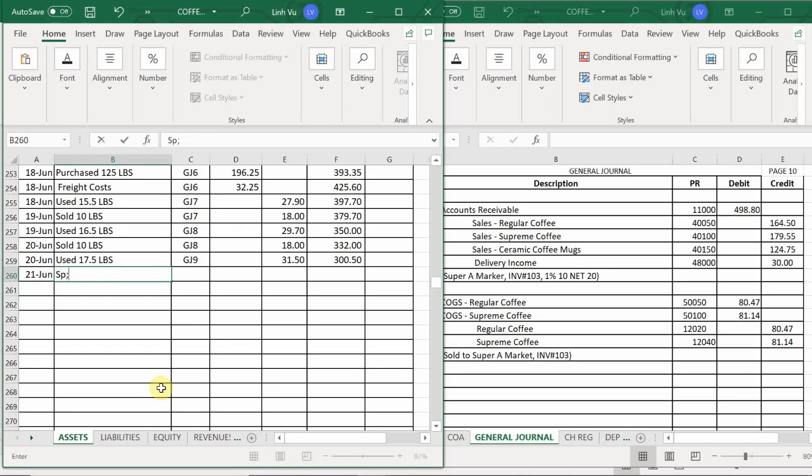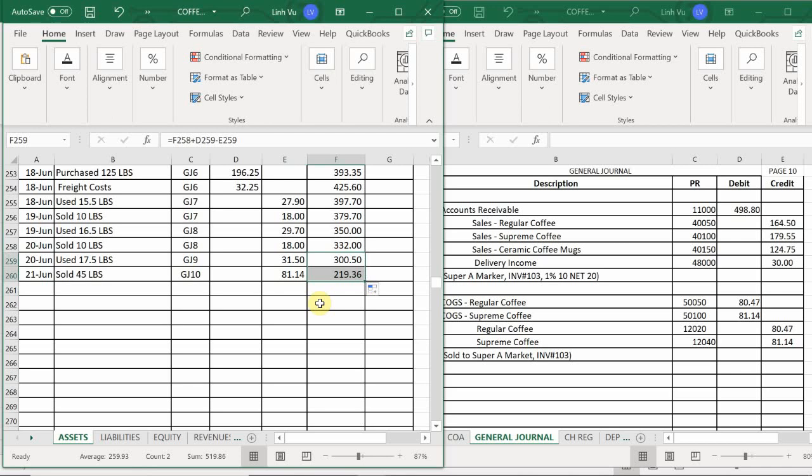We sold 45 pounds for a total of $219.36, which we do know because that's what we sold for our inventory worksheet.